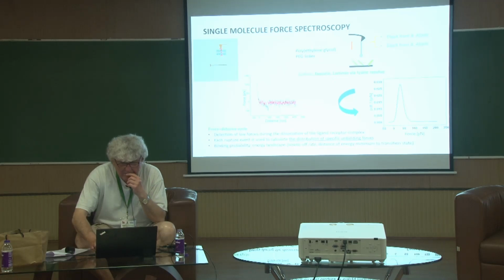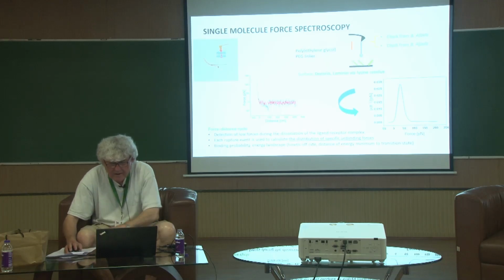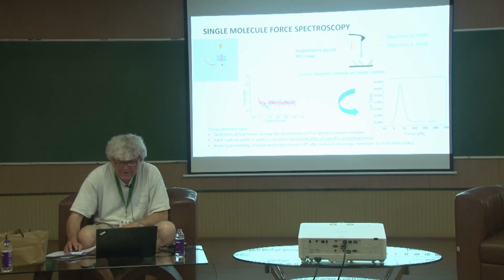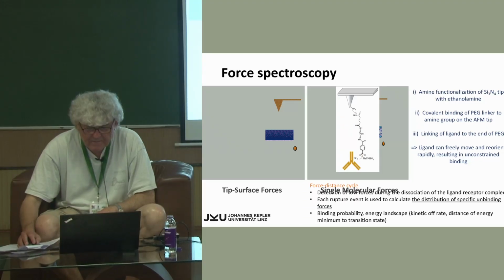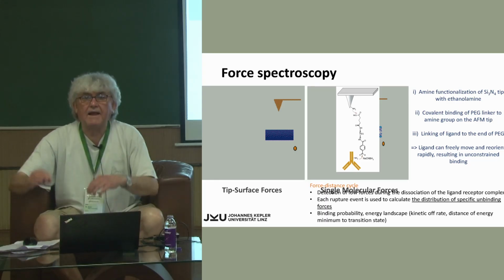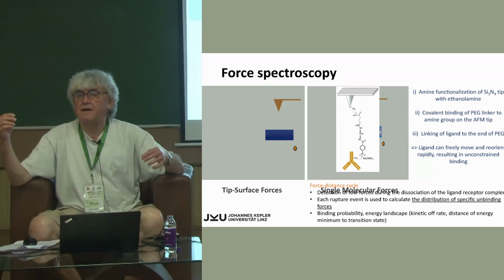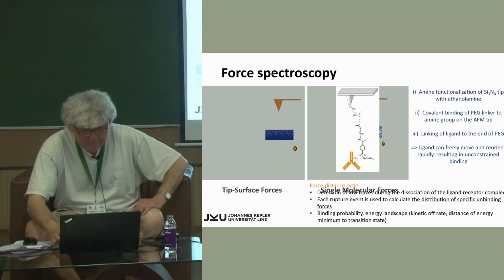And then we performed experiments in which we bound the extracellular matrix proteins, so the different decorin and laminin, via the lysine residue to surfaces. And we used two different Borrelial proteins, DBPA and DBPB, and analyzed them in the methods that I already showed before.